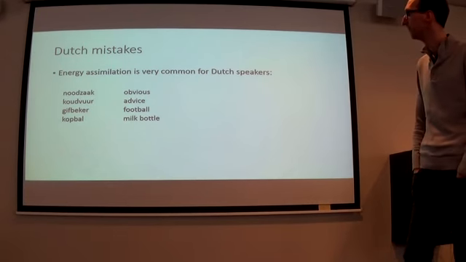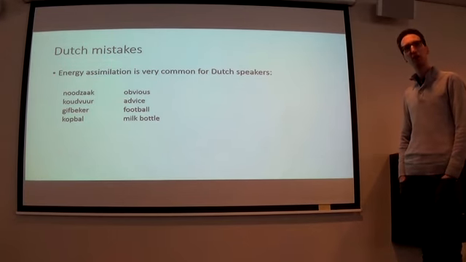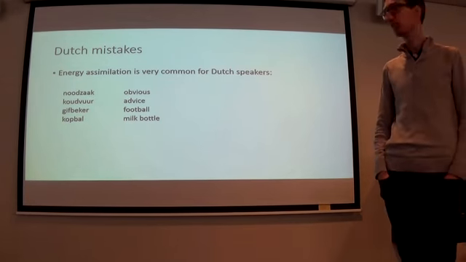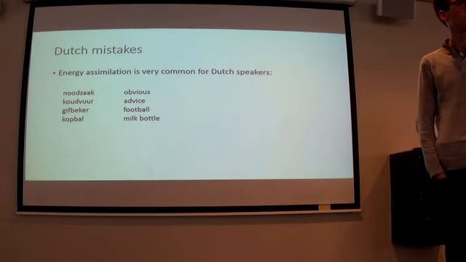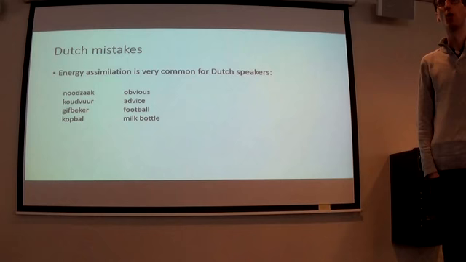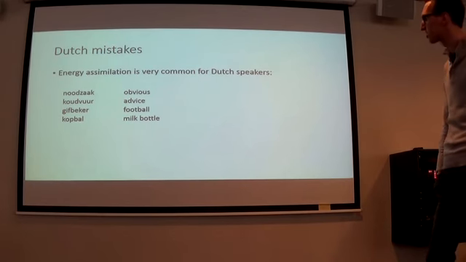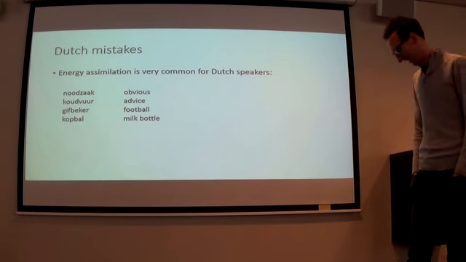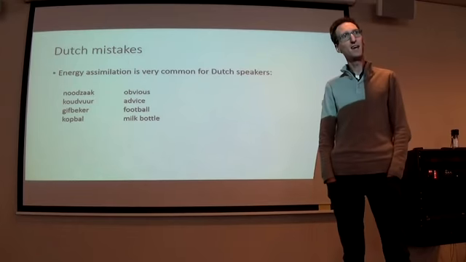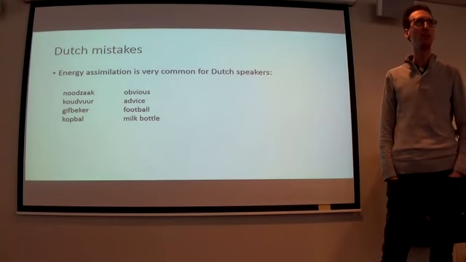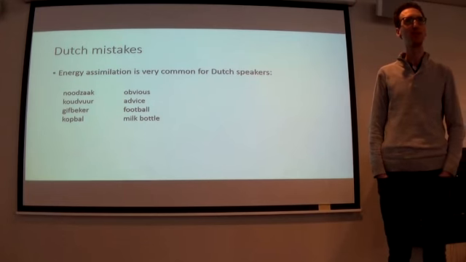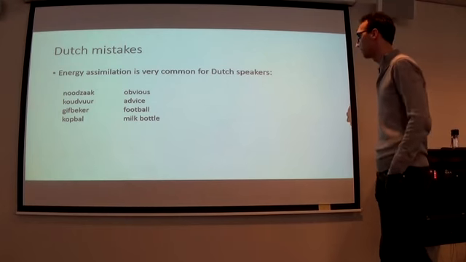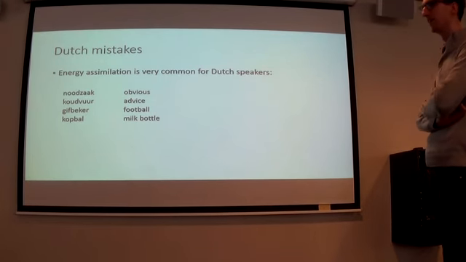Consequently, when a Dutch person tries to speak English and isn't aware of this, he won't say obvious, but he'll say obvious. This is so obvious, you know. We devoice the B to a P, and then we change the V into an F. Also, the S is very strong.